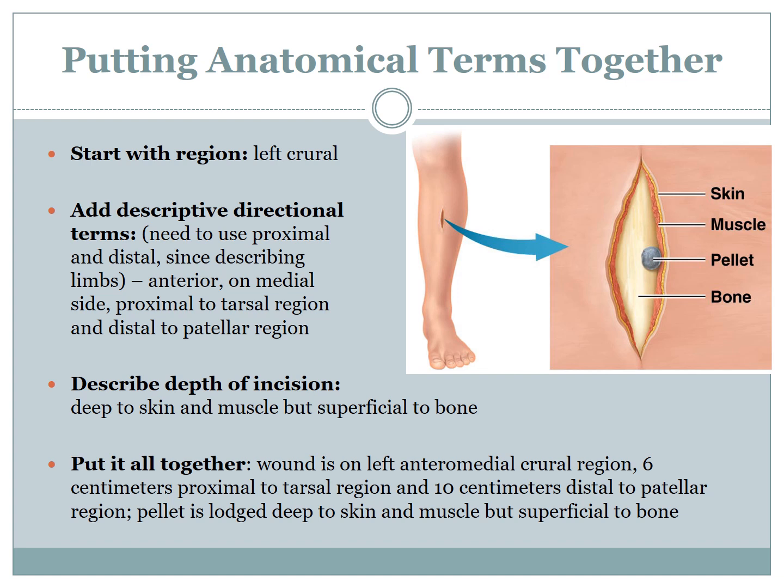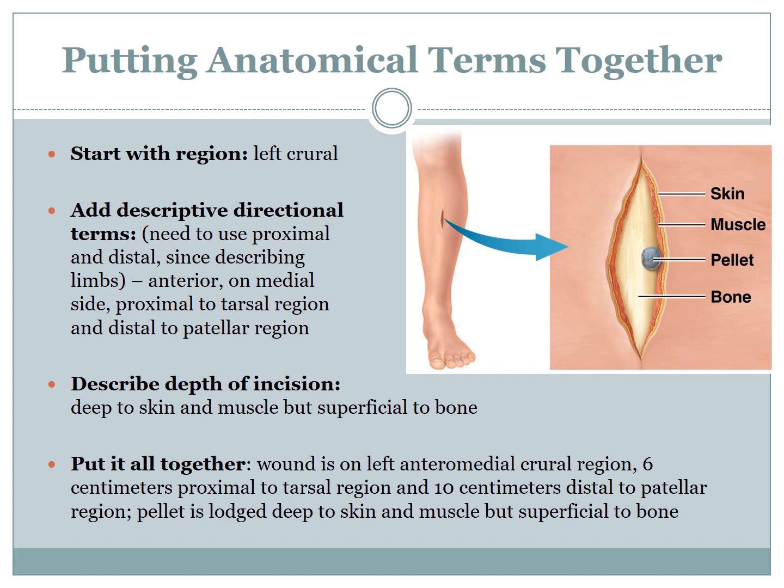Where is this located on their crural region? That involves some measurements and using the terms proximal and distal. Obviously it's on the front of their leg, anterior, somewhat in the middle, so it's medial. Proximal to the tarsal region, that's your ankle. So it's closer to your trunk than your ankle, but distal to the patellar region, patella being your kneecap. So it's further away from the trunk than your kneecap.